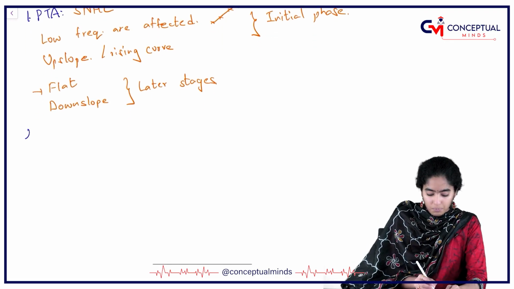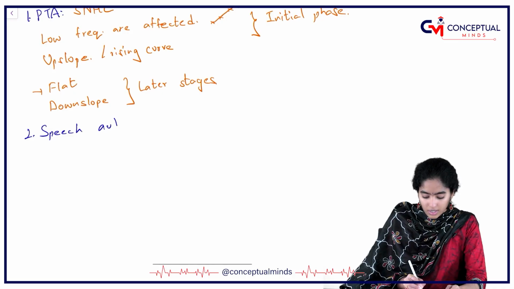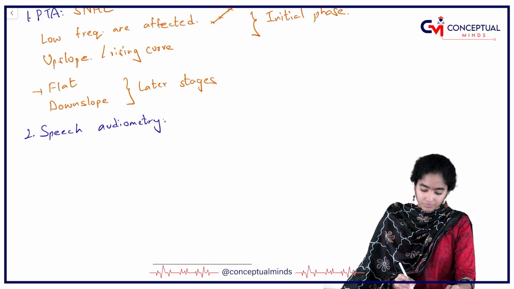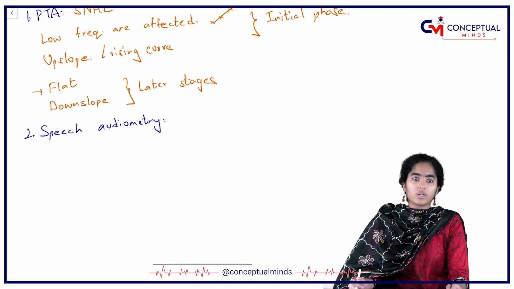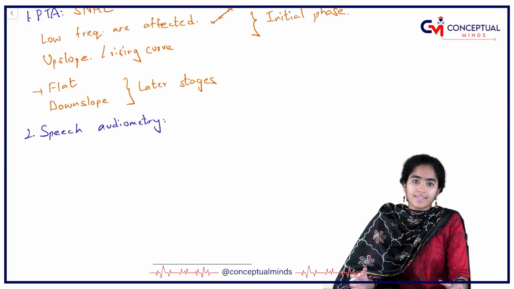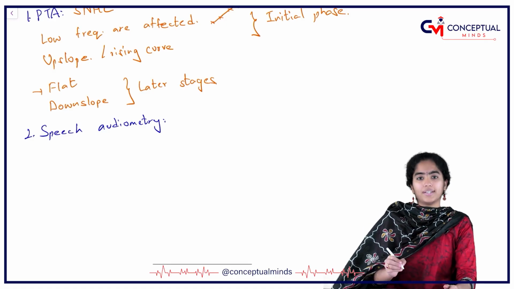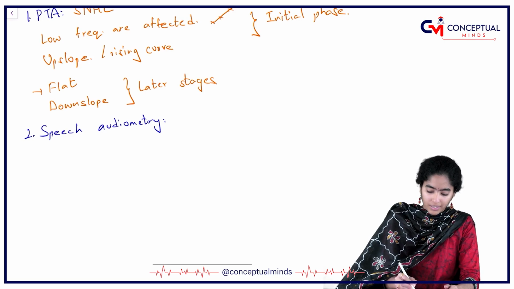Next, we do a speech audiometry. When a speech audiometry is performed, the speech discrimination score is usually normal in between the attacks, but is very much impaired during an attack. In between attacks, it is around 55 to 85%.